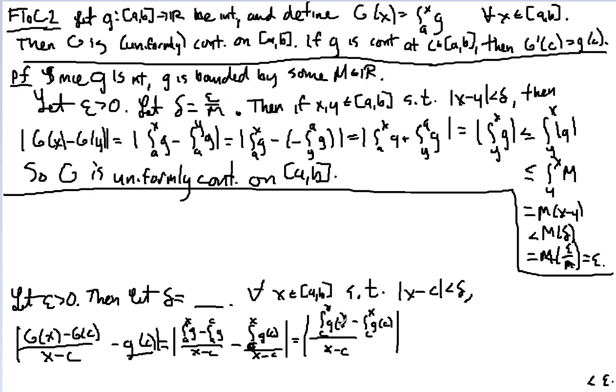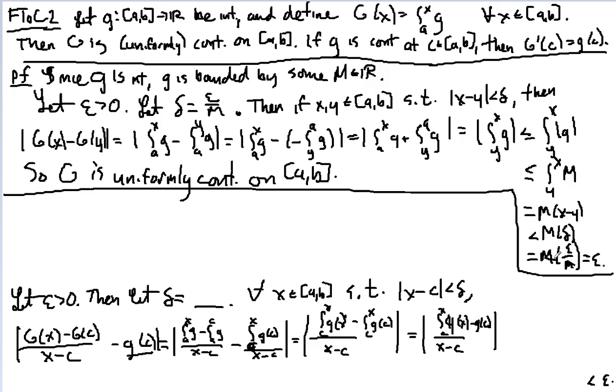Now I'm putting the x in there to differentiate from the c, but I can combine these integrals into one. I still am over x minus c, so now I get the integral from c to x of g of x minus g of c. So I've simplified this expression down a lot.